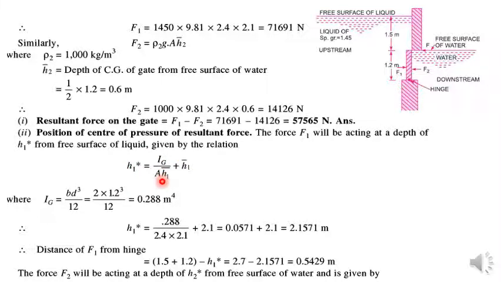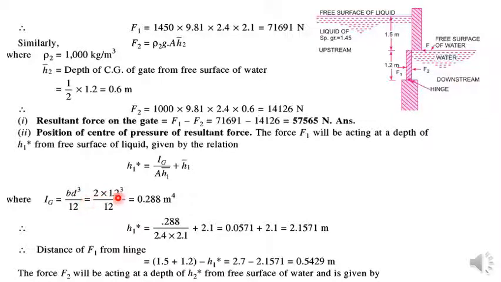Within this formula, H1 bar is known to us, which we used in the previous calculations, but Ig needs to be calculated. Ig is the moment of inertia. For a rectangular submerged body, it is b t cubed divided by 12.